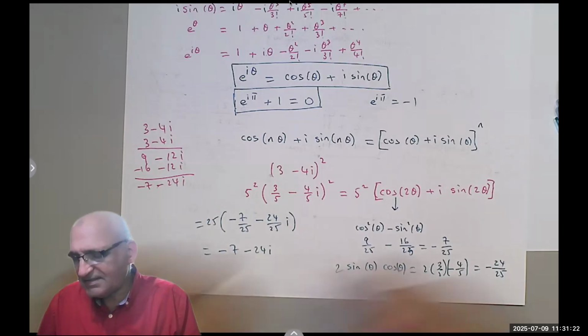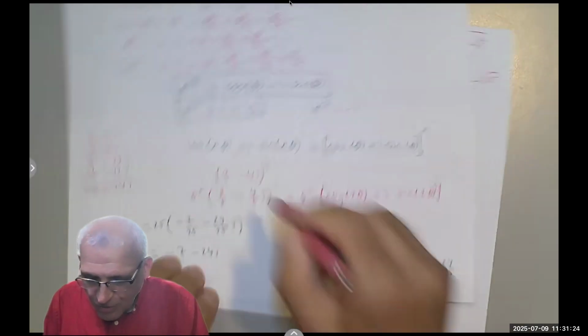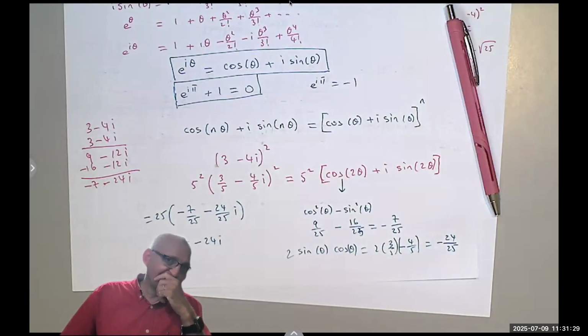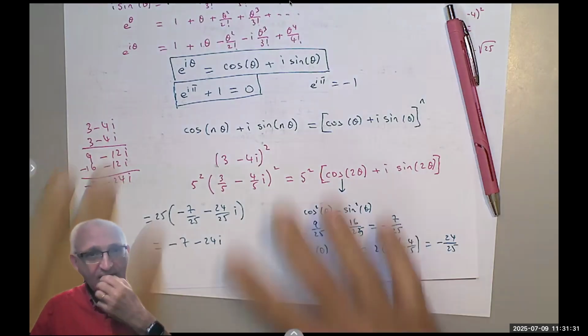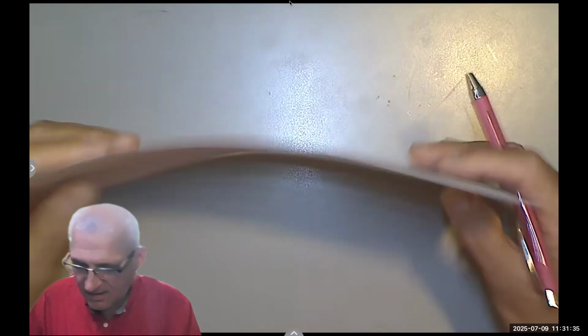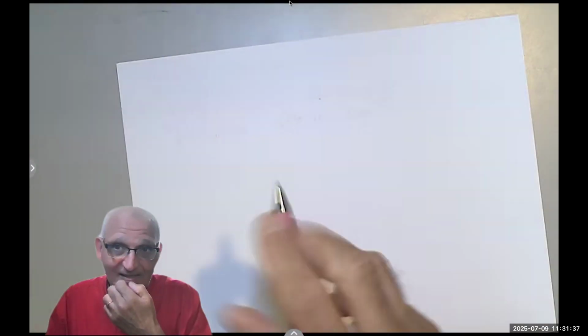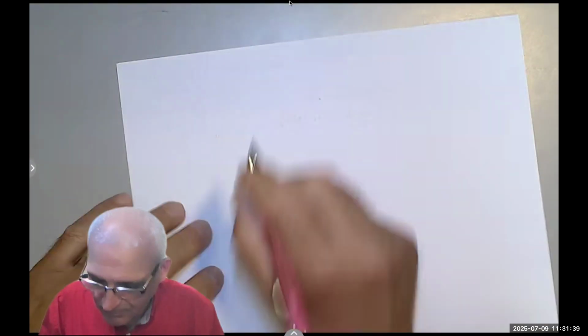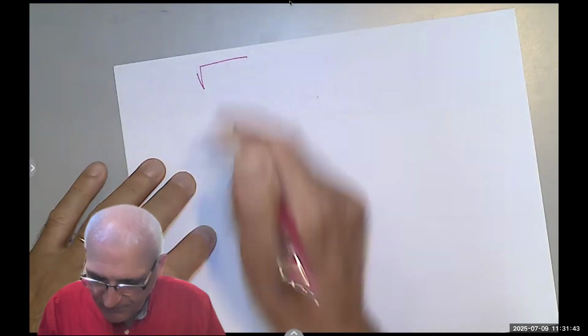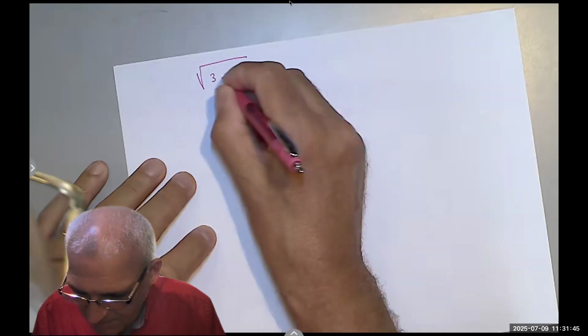Now, what if I tell you, take the square root of this? How would you do it? That's the last thing I'm going to do now, and then we can think of it later. The square root of 3 minus 4i.